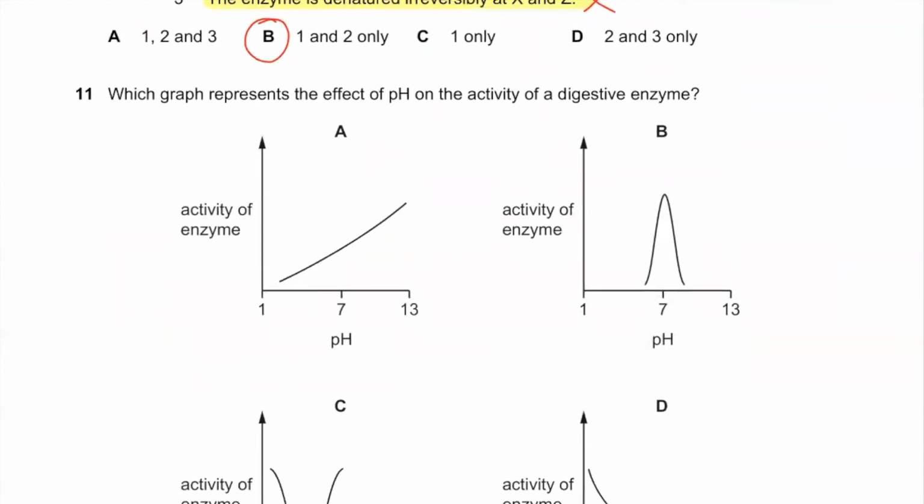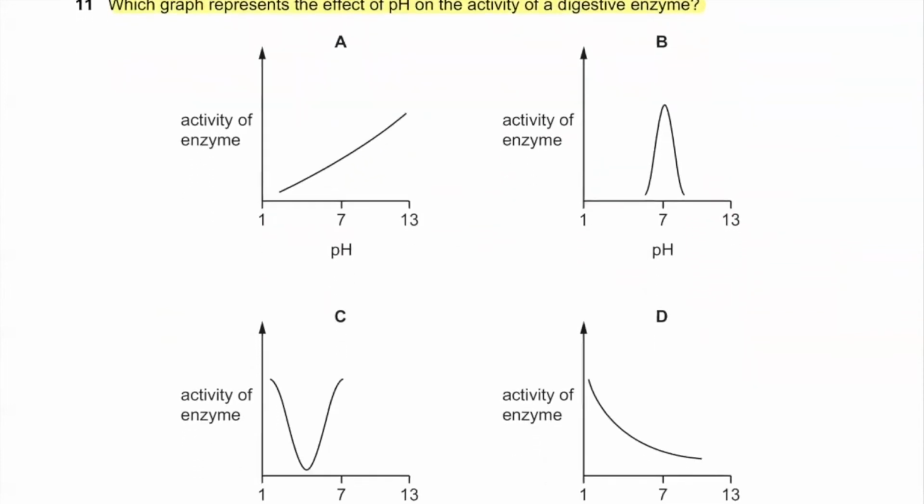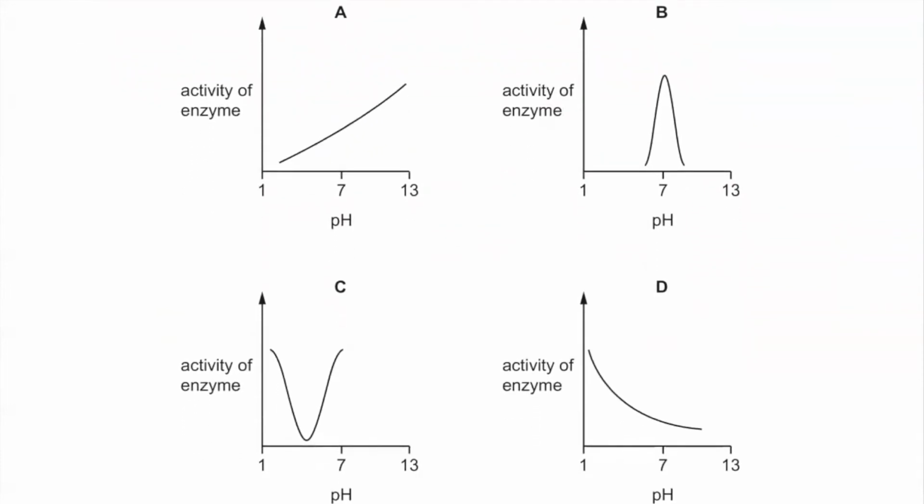11. Which graph represents the effect of pH on the activity of a digestive enzyme? All right, definitely we have to understand that with pH there is always a bell-shaped curve which we need to think of.